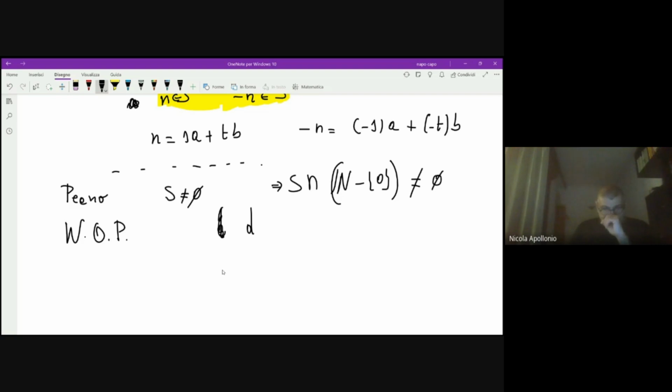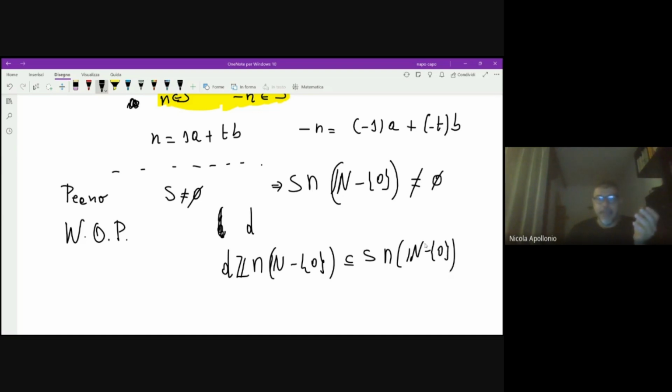Clearly, it is true that this is a subset. We saw this: S is closed with respect to taking multiples. In particular, it is closed with respect to taking positive multiples.